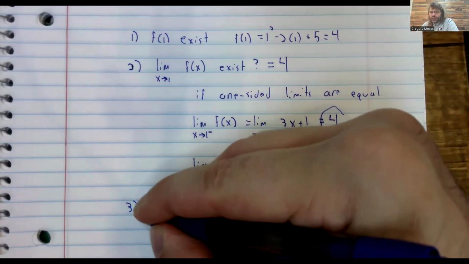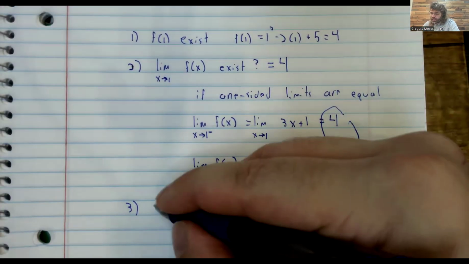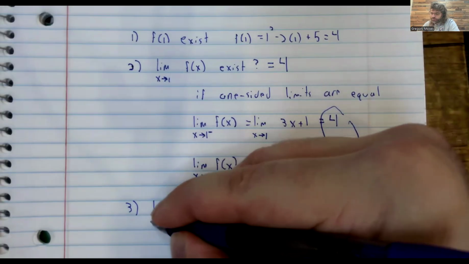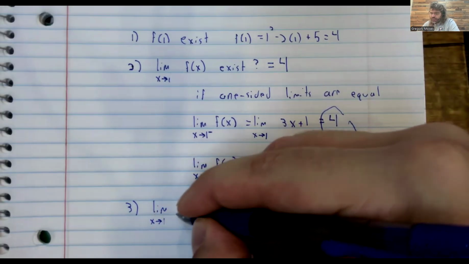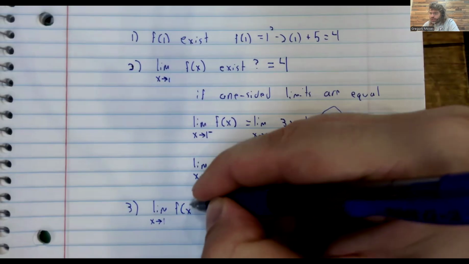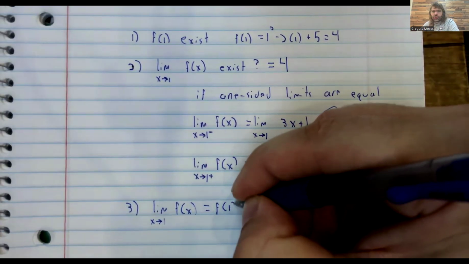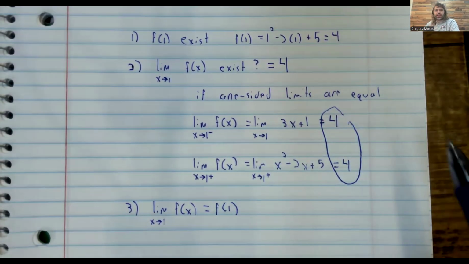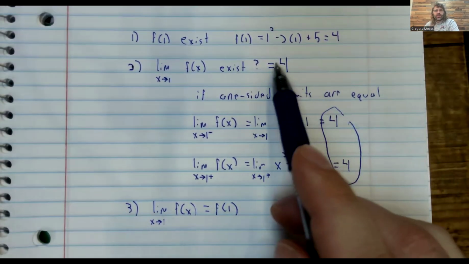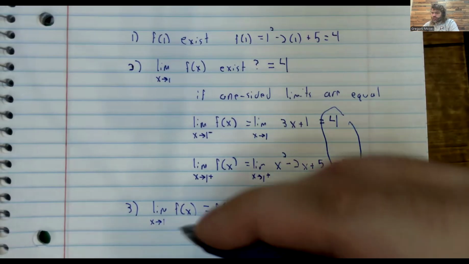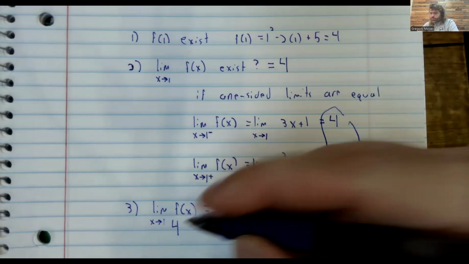And then the final continuity condition. The limit as x approaches 1 needs to equal the function evaluated at 1. And the limit as x approaches 1 is 4.